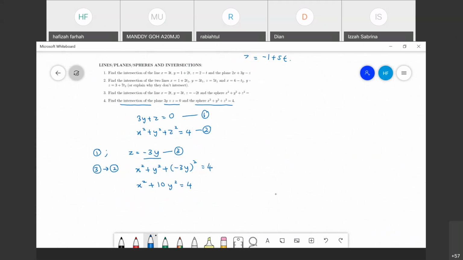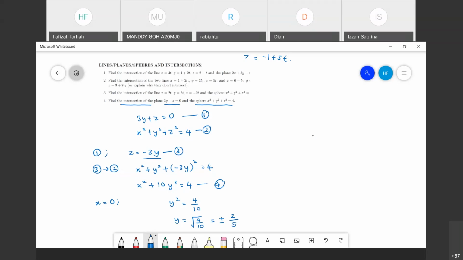Let us assume x equals to 0. This is our equation 4. If we let x equals to 0, we have y squared equals to 4 over 10, or y will be the square root of 4 over 10, which is equals to plus minus 2 over square root of 10.